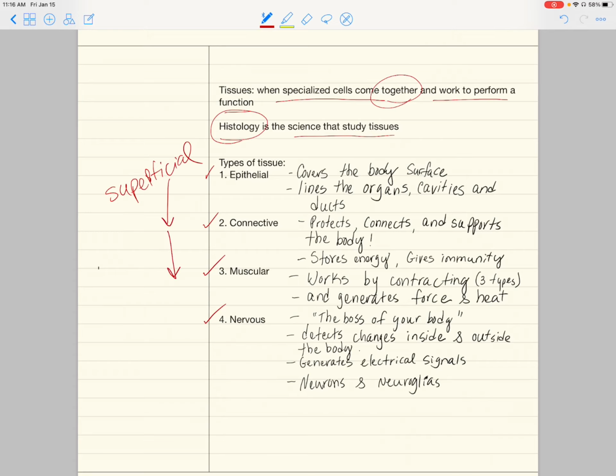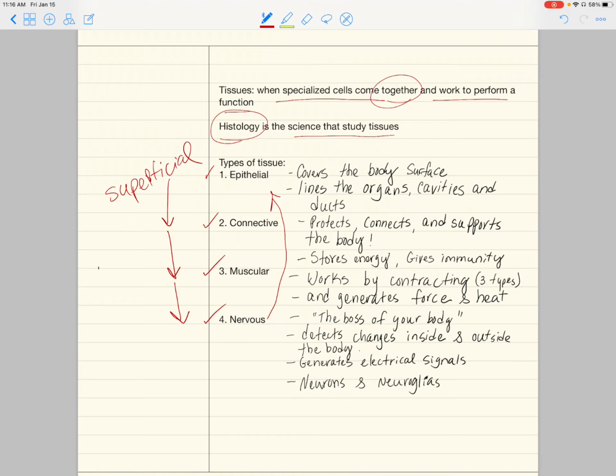Then you're going to see muscular tissue, and of course bones, which are actually part of connective tissue, by the way. The deepest tissue would be nervous tissue, even though nervous tissue can also reach out towards the epithelial tissues.